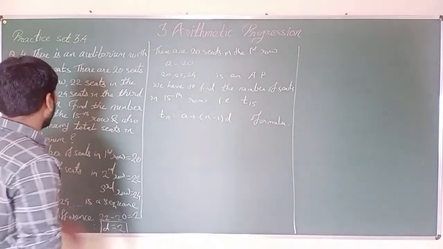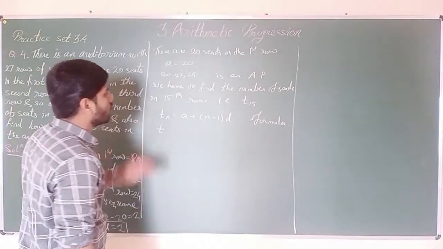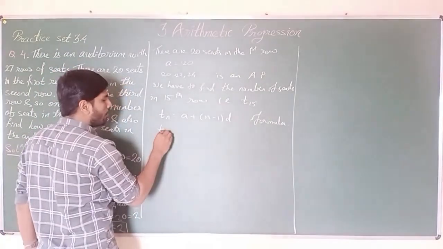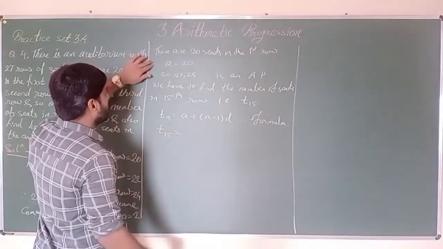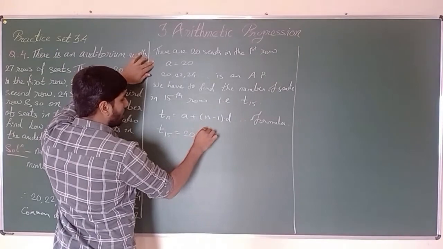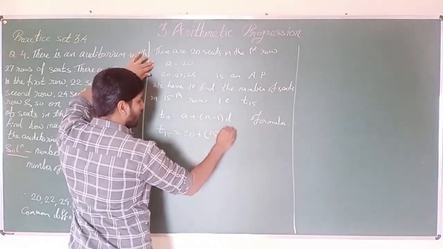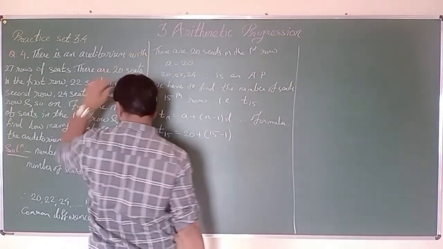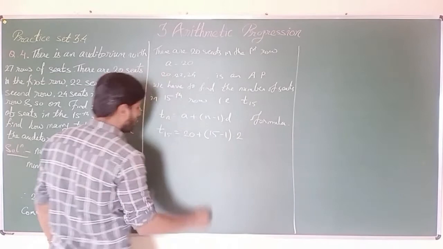Now we substitute the values. Here we have to find the number of seats in the 15th row. Therefore the value of n will be 15. First term of the sequence is 20. Therefore a is 20. Now we will find n minus 1, that is 15 minus 1, into d. Common difference is 2. Therefore the value of d is 2.